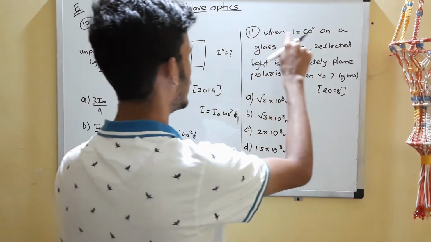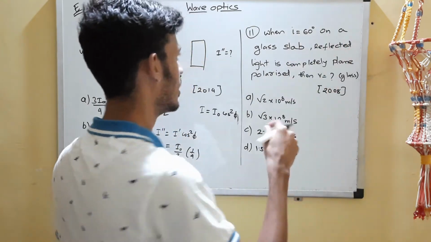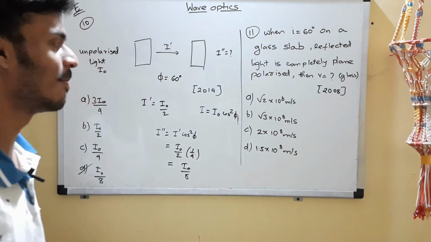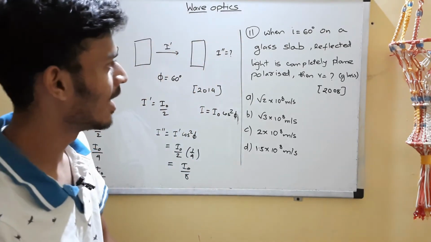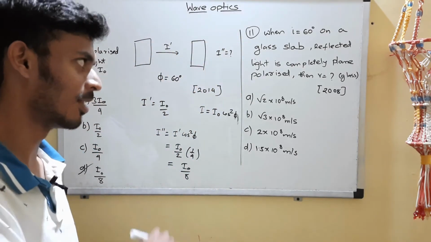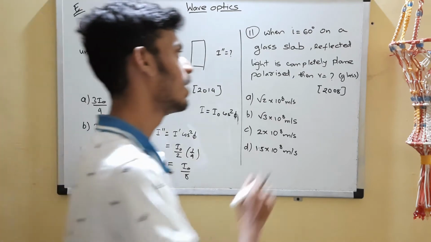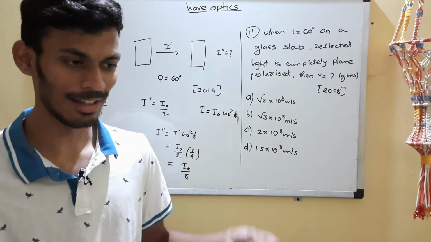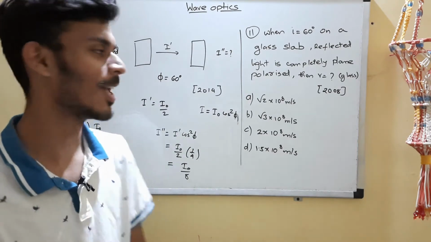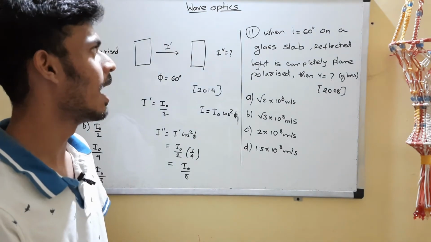When the angle of incidence is 60 degrees on a glass slab, the reflected light becomes completely plane polarized. Then you are supposed to tell what is the velocity of the light in the glass slab.